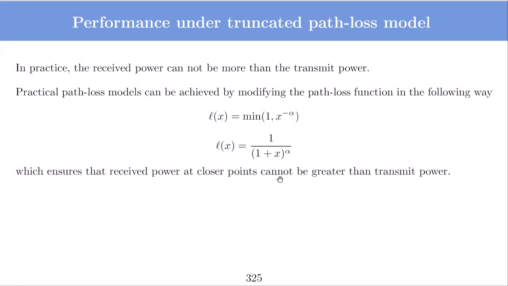It doesn't let the path loss become more than 1. So these two ensure that the receive power cannot be more than the transmit power. And there are other path loss models also, such as dual slope path loss models and exponential path loss models. But I will just focus on one of these two to show how you can apply this to the analysis and compute for them also.